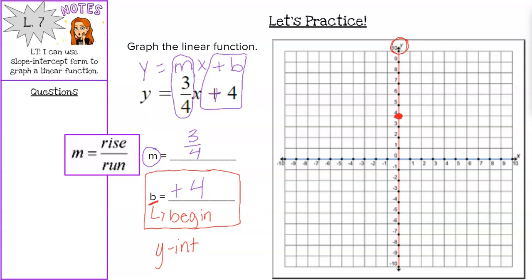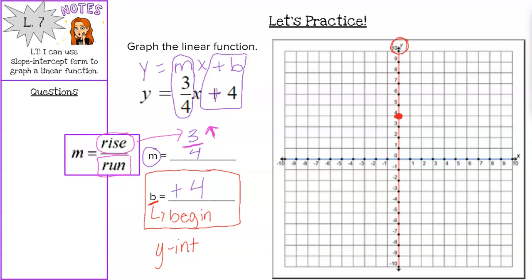The next step is to use your slope to guide you on your next point. So our rise over run, we're going to use that. The 3 is your rise. So that's telling us we're going up 3 because it's a positive 3.